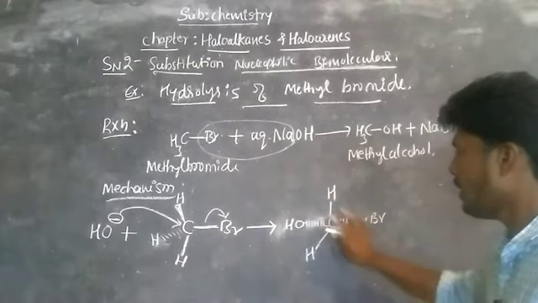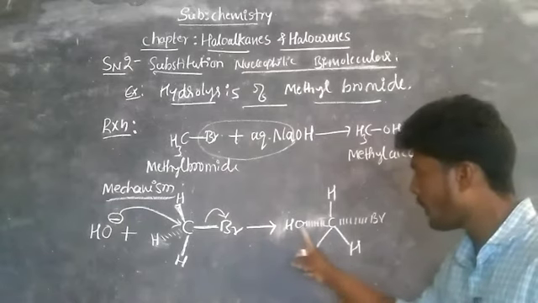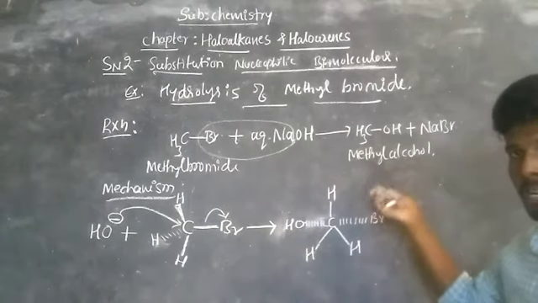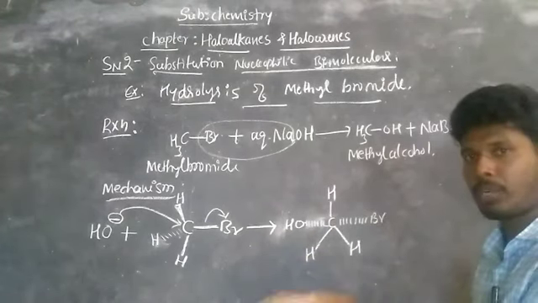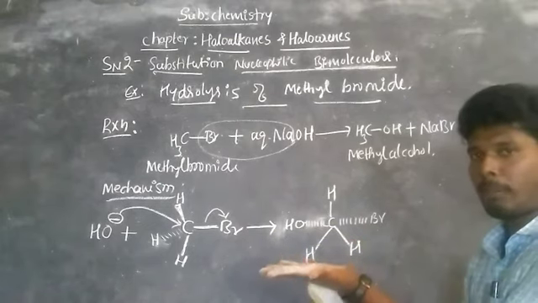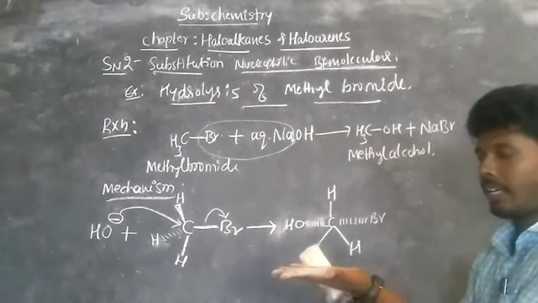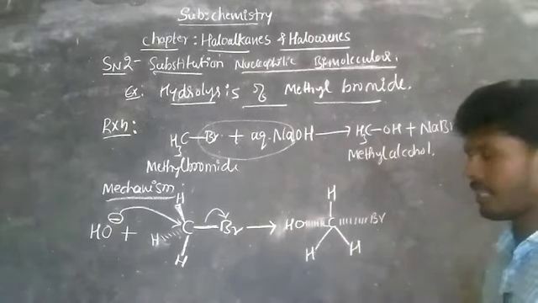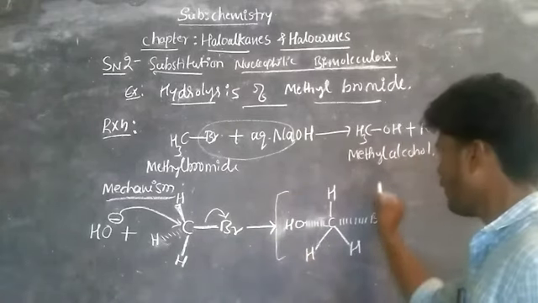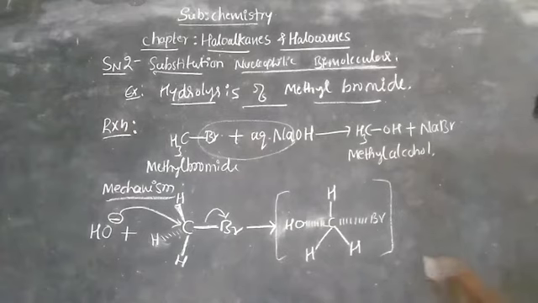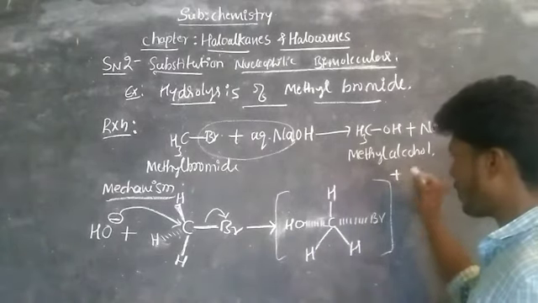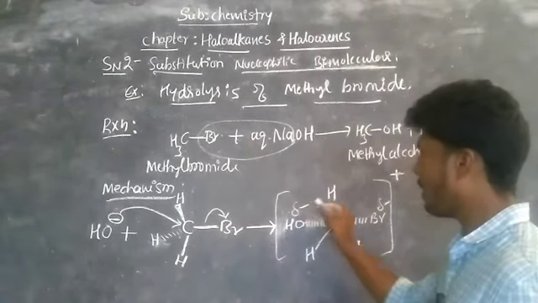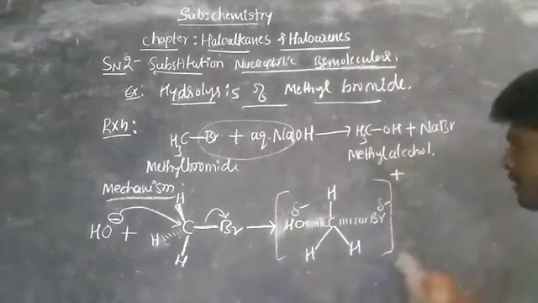These 3 hydrogens are in the same plane, and this OH is above and Br is below, or OH is below and Br is above. Let you assume this is the plane of the carbon and 1 hydrogen is above, the remaining 2 hydrogens are below, and these 2 atoms, OH and Br, are on opposite sides, like that. This is the assumption, and this is the transition state. Here the carbon carries a positive charge, and the OH and bromide carry partial negative charges, delta minus and delta minus, with delta plus on carbon. We are writing this is the transition state.